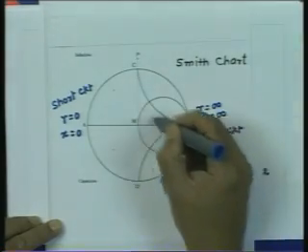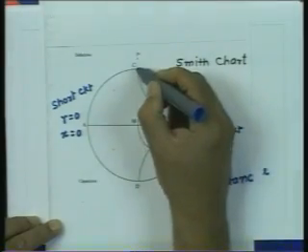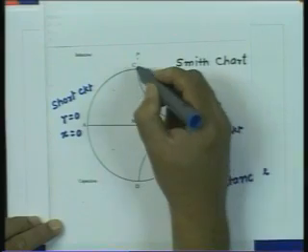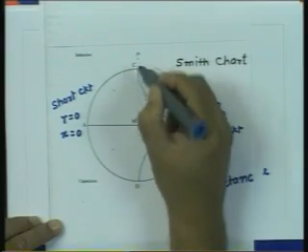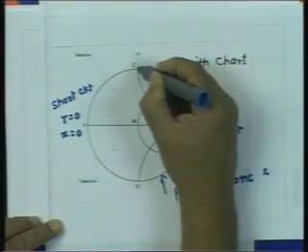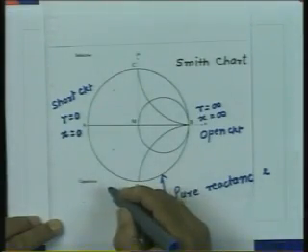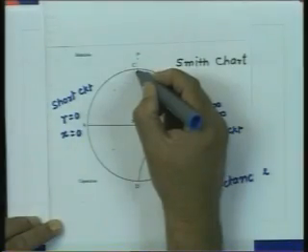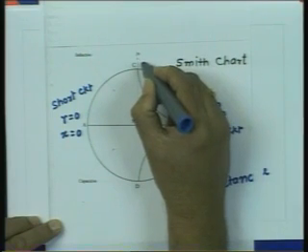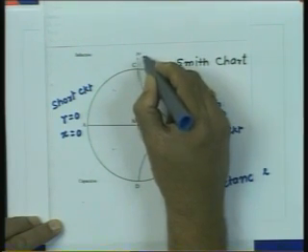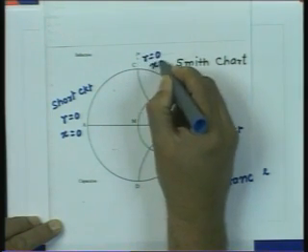We can take again a special point here, the circle which passes through the uppermost point of the Smith chart, that has a value x equal to 1. So, this point here, C, corresponds to r equal to 0, because it is lying on the outermost circle for which r is equal to 0, and its x value is equal to 1. So, this point corresponds to r equal to 0, x equal to plus 1.